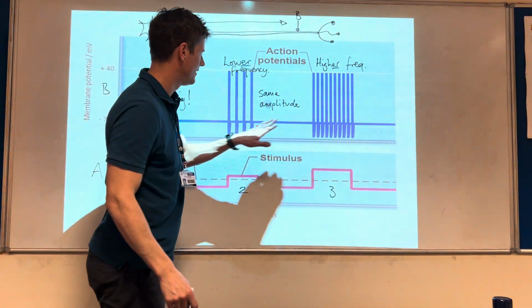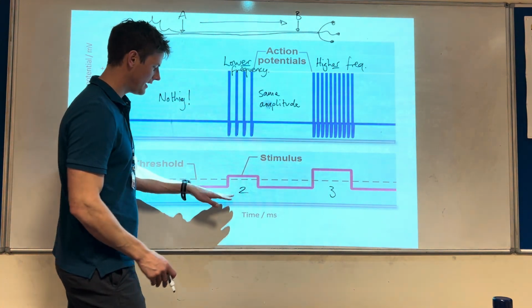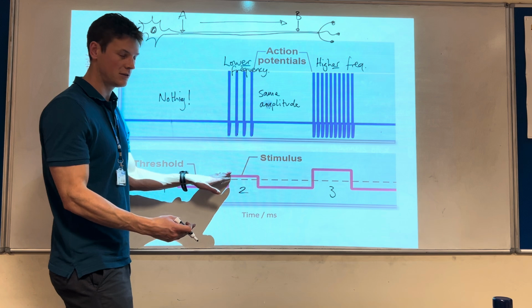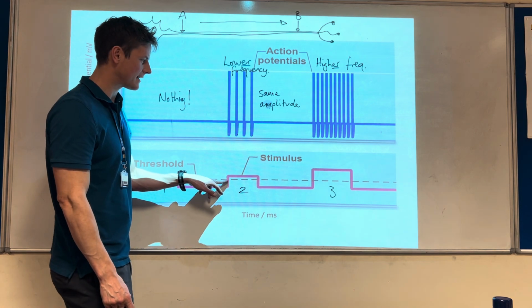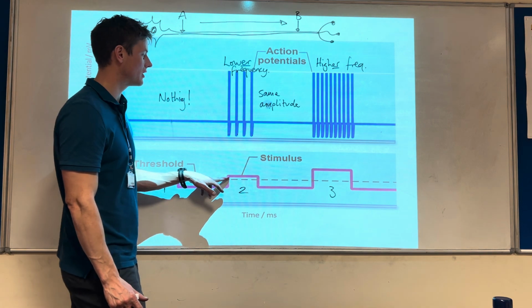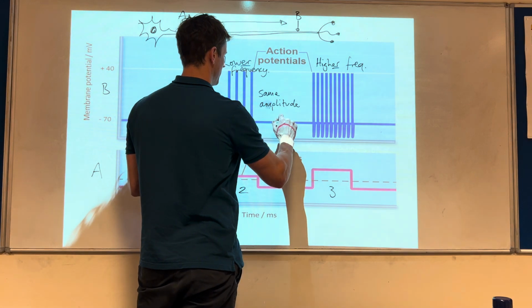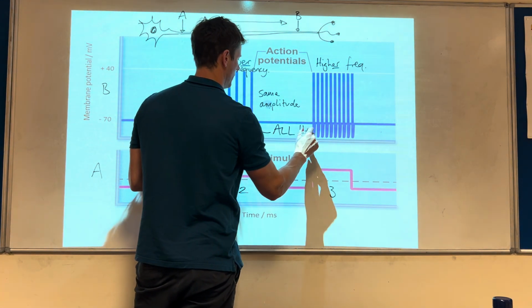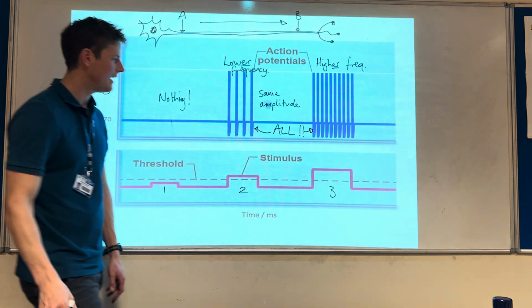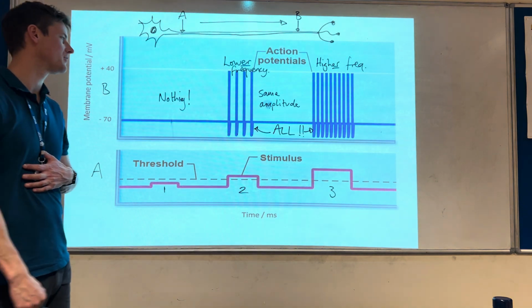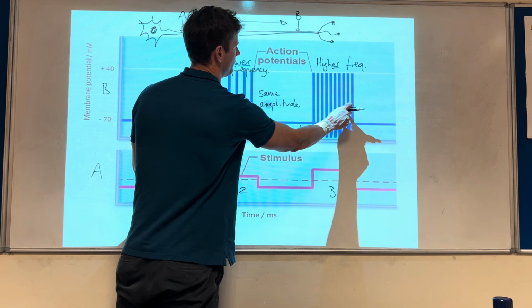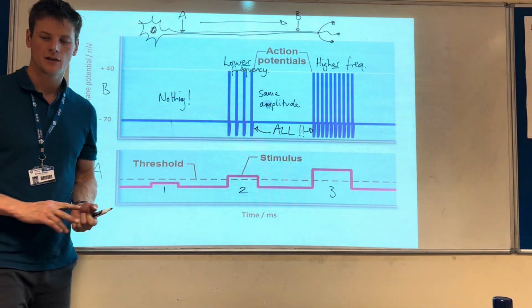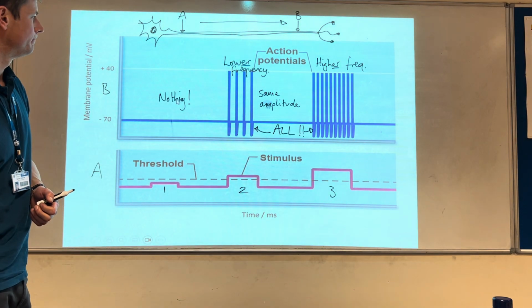Over here, okay, even if it only just reaches that threshold or just passes that threshold, in both cases, all. And then the size of the stimulus will determine the frequency of those action potentials.